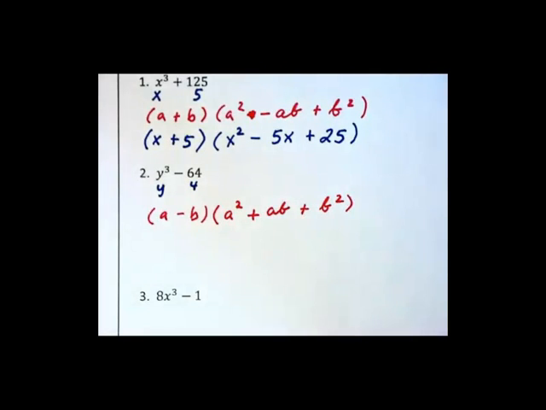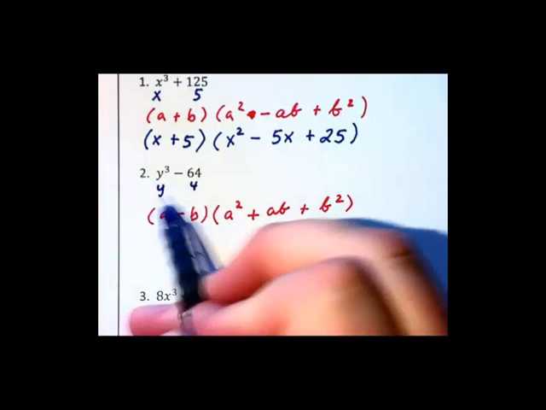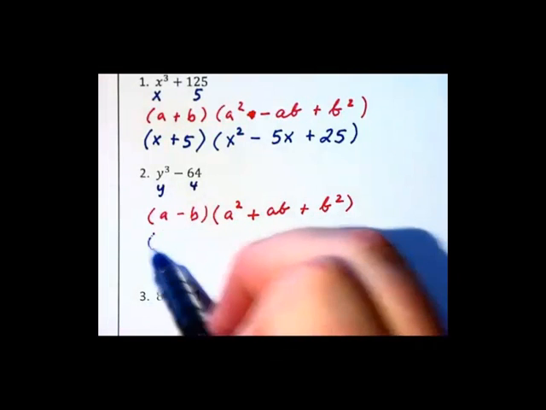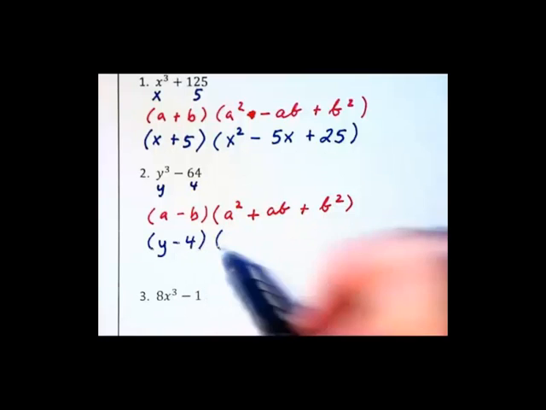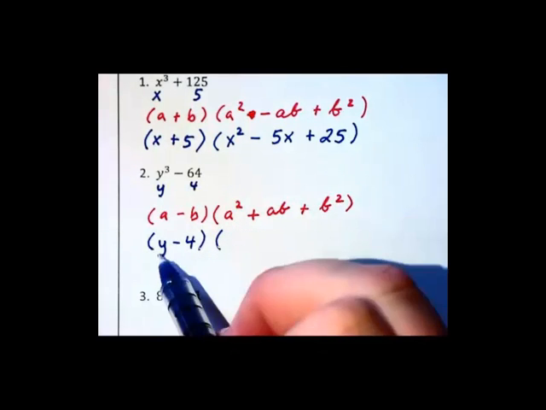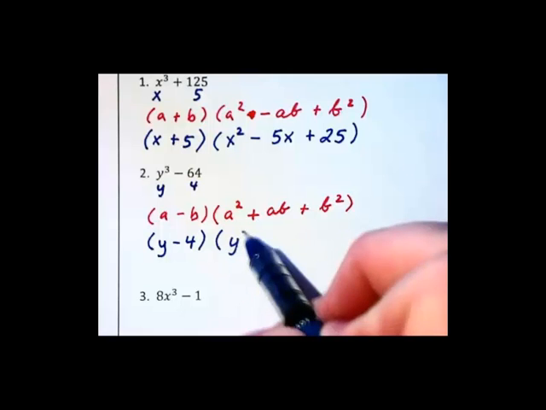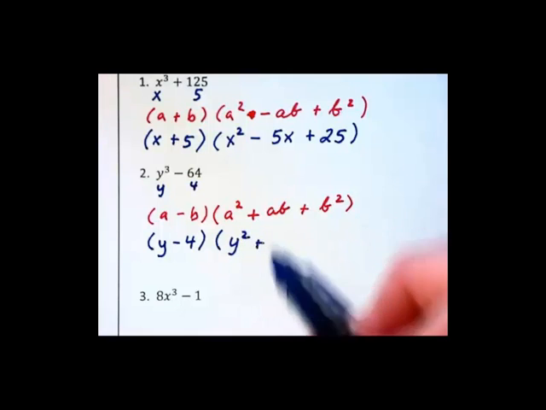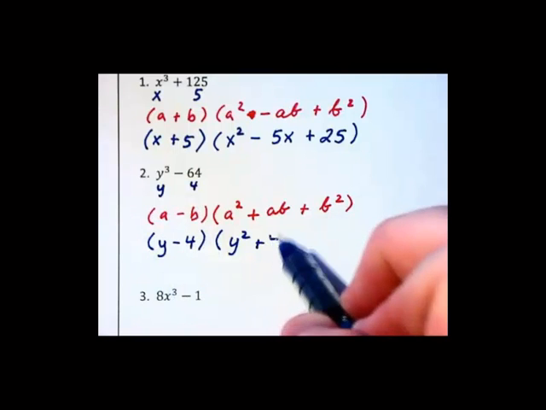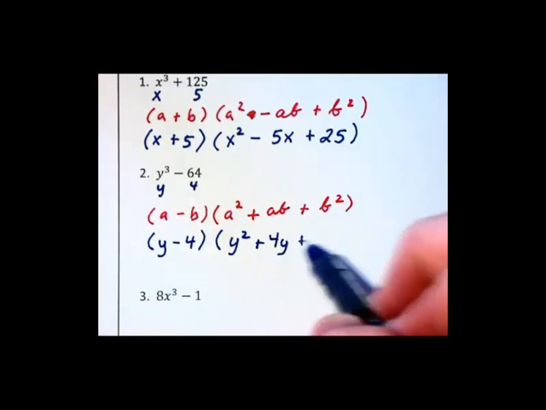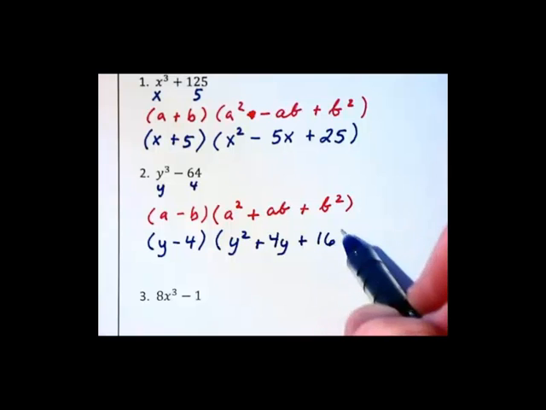SOAP. The a and the b get replaced with the y and the 4, and so our first parentheses is y minus 4. In the second parentheses, the a squared becomes y squared. Plus is automatically there. The a and the b are the y and the 4, giving us 4y, plus 4 squared, which is 16.